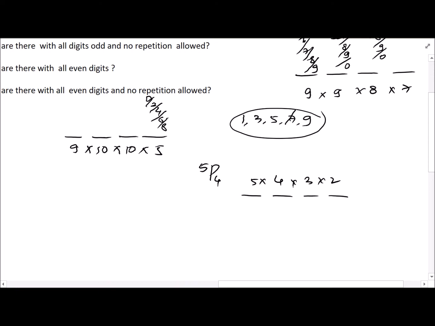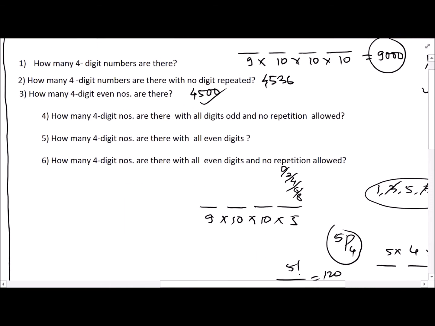Say 7 is gone, then 4 options will be left. So 3 is also gone, then 3 options will be left. And this way 5 into 4 into 3 into 2, anyway you are getting 120 as answer. In this way also 5 factorial by 5 minus 4, that is 1 factorial. So 120 by 1, that is 120. 120 is the correct answer for this. Okay. All digits odd and no repetition.